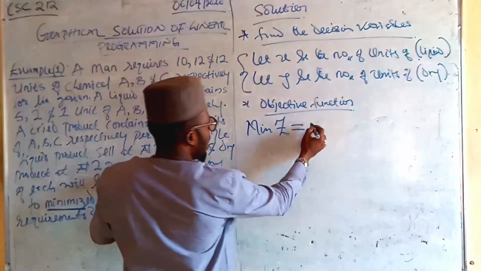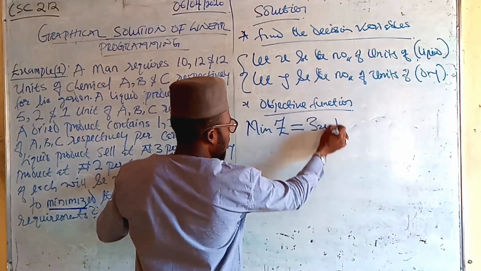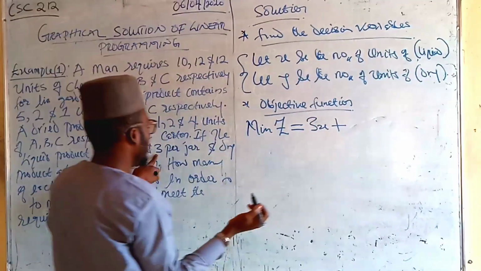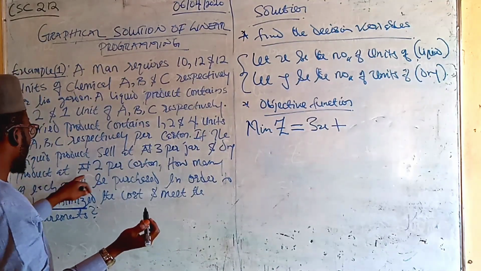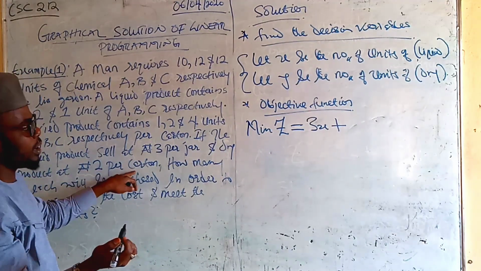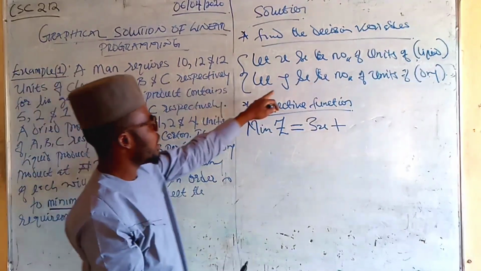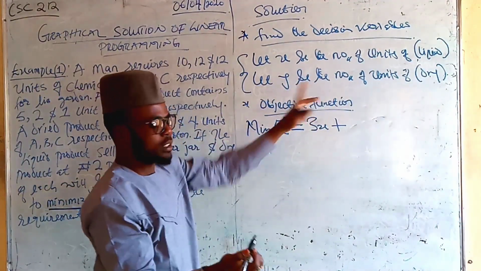So now we have 3x, plus the dry product, which is sold at 2 naira per carton. And we have let Y be the number of units of the dry product.